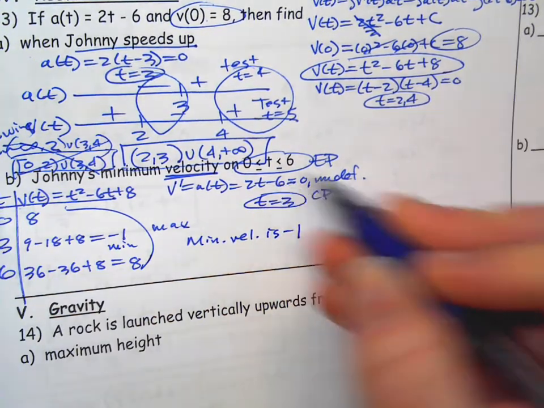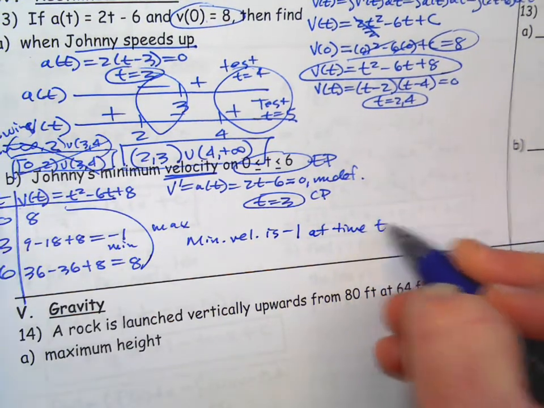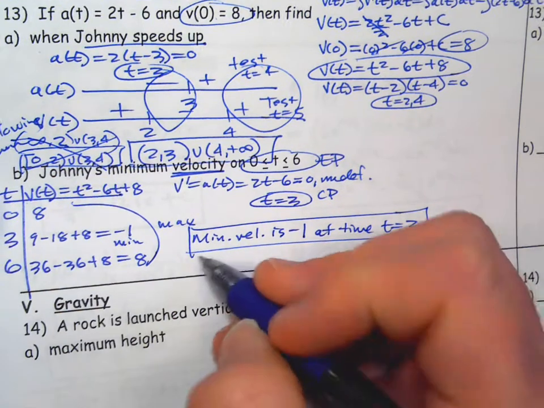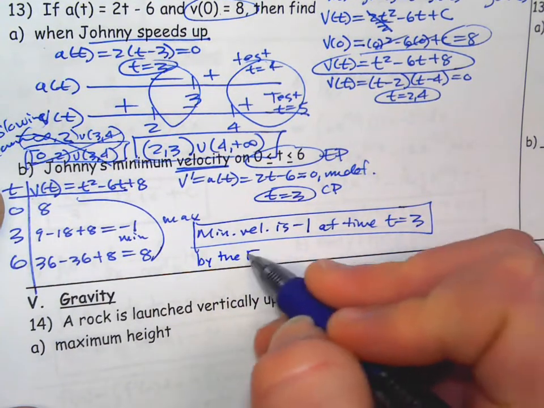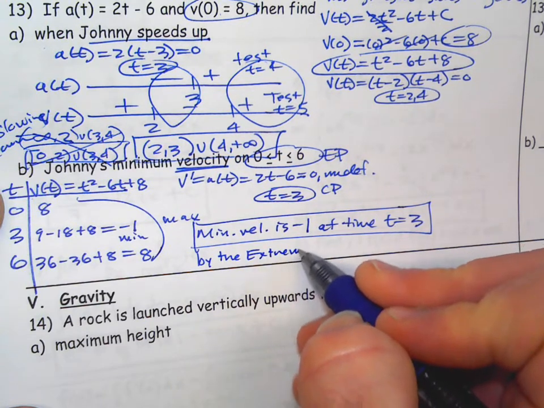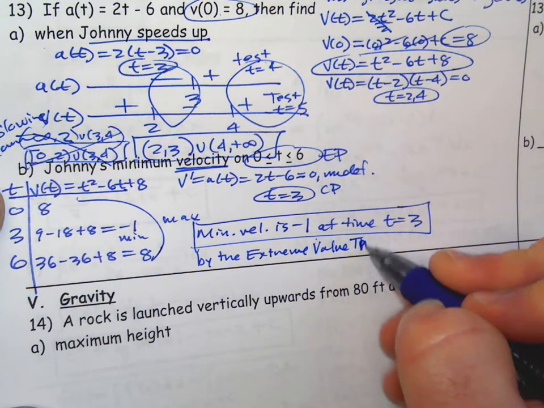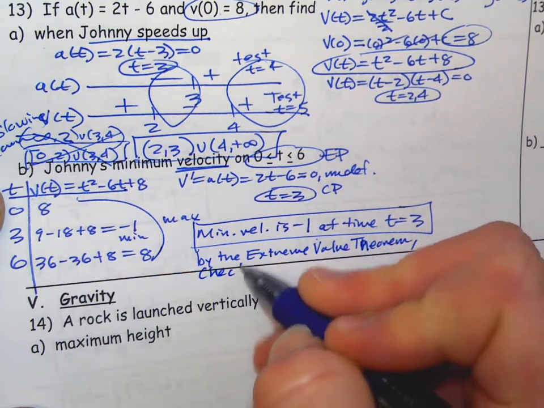We don't have units here. At time t equals 3. If we wanted to add justification, we would say by the extreme value theorem, checking endpoints, critical points.